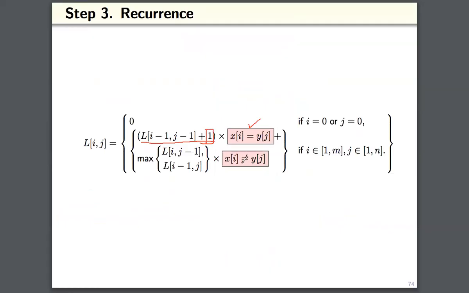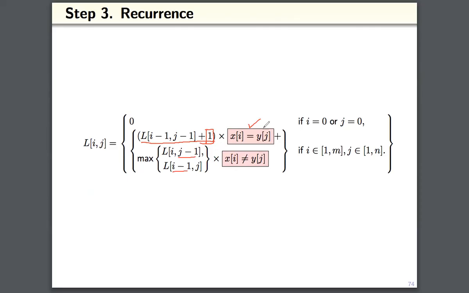If they are not equal, x of i not equal to y of j, then either you remove the jth character or you remove the ith character. There are two possibilities, and you take the maximum of these two. Should you add plus 1? No, because the characters are different, the last one does not match.